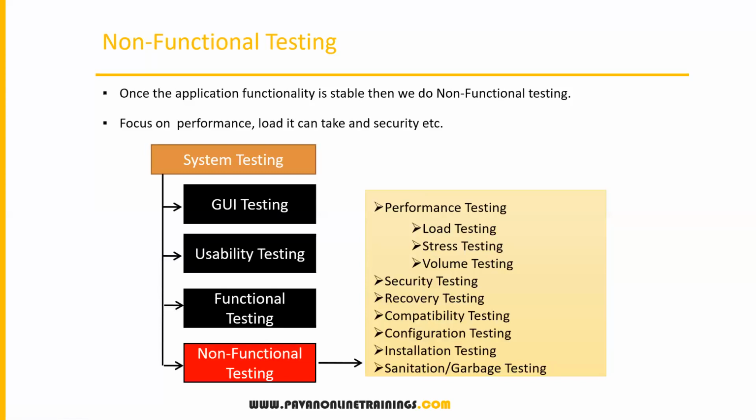For example, let us take one application which contains some features, let us say a banking application. In the banking application, what is the customer requirement, and what is the customer expectation? It's a small difference you need to understand, guys. Requirement is different, expectation is different.